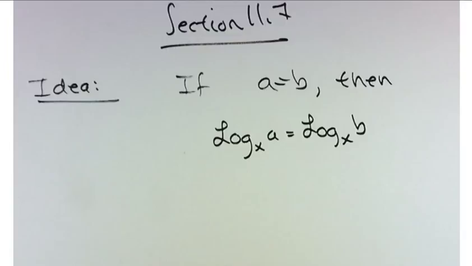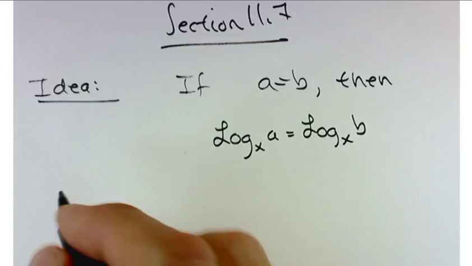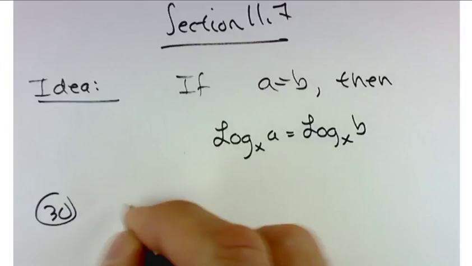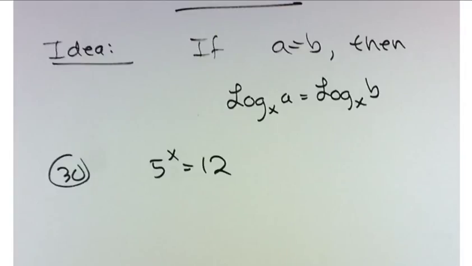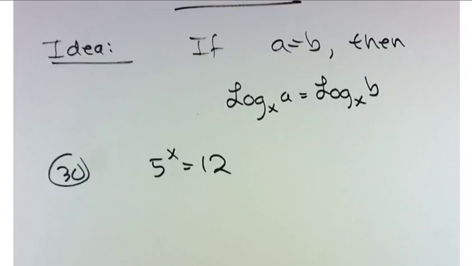So what's an example of such an equation? Here's your exponential equation, stuff like number 30. 5 to the x equals 12. What makes this an exponential equation? Can somebody characterize what would make this an exponential equation as opposed to a quadratic equation?